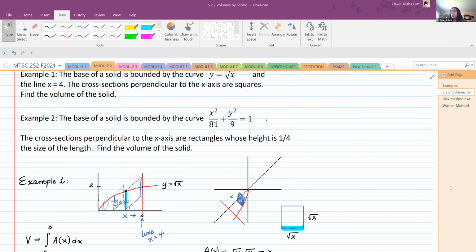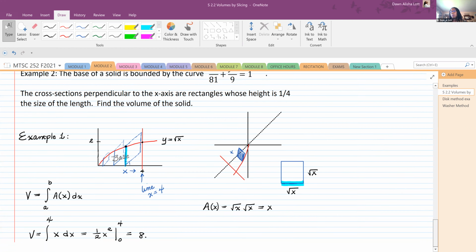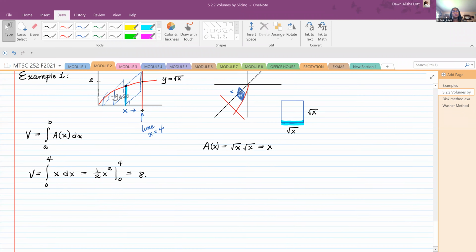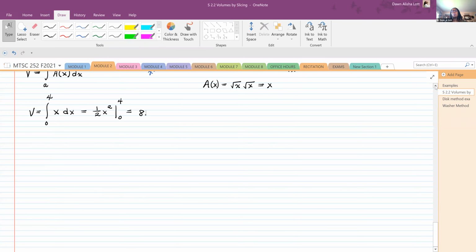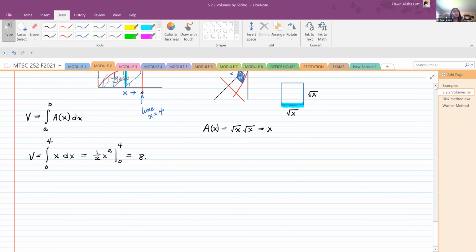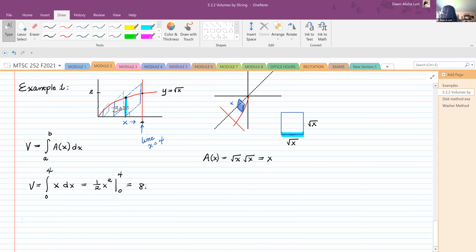Okay, so what is this curve, x squared over 81 plus y squared over 9? Does anybody know what that is? Okay, that's pretty scary. Is that the Pythagorean theorem or part of the Pythagorean theorem? No, it's not.